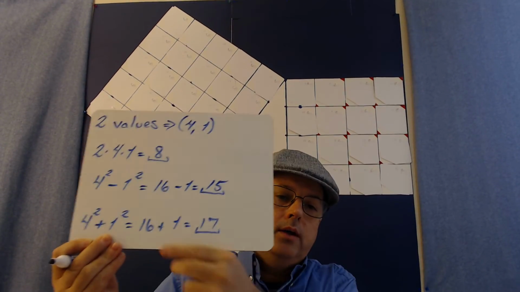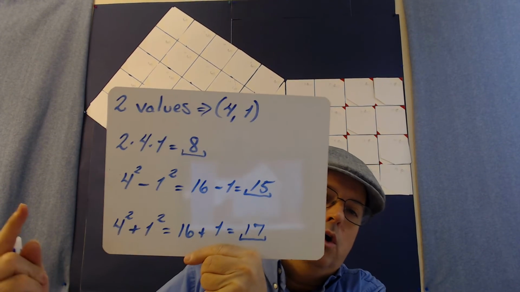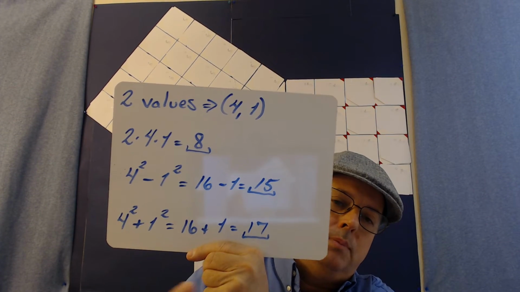And so 4 squared is 16, plus 1 squared is 1, and that gives us 17. Okay, so with these two values, 4 and 1, we were able to generate the Pythagorean triple 8, 15, 17.